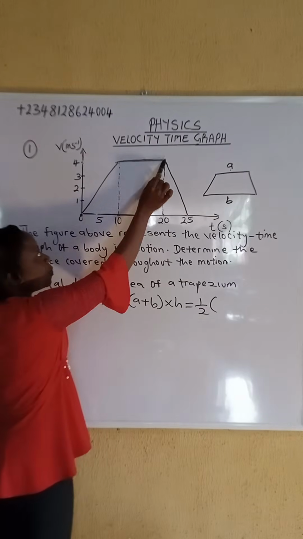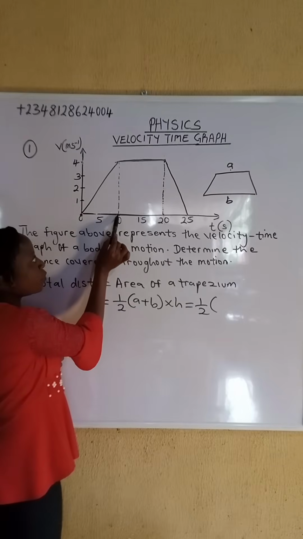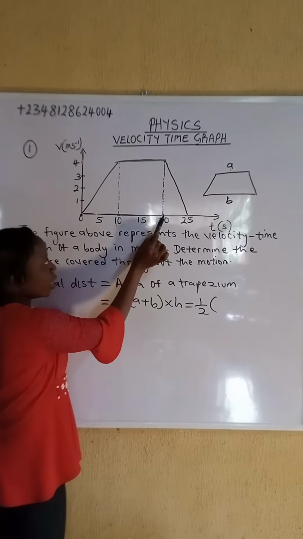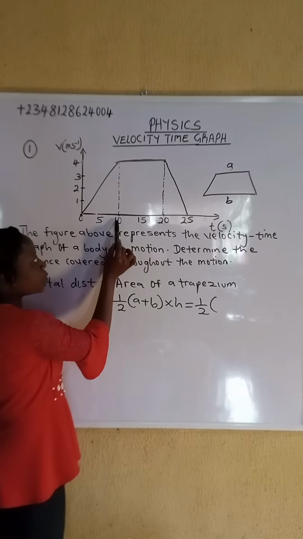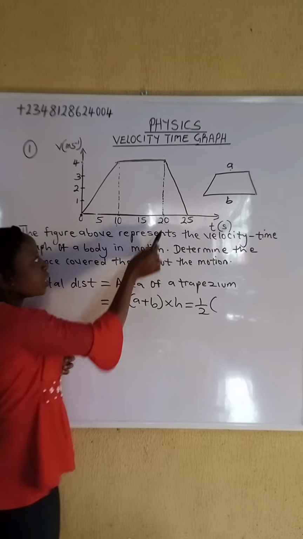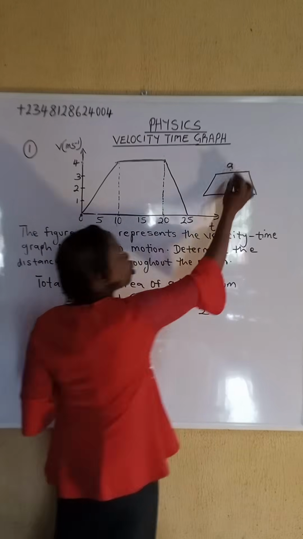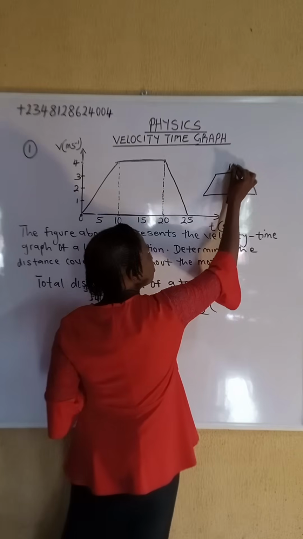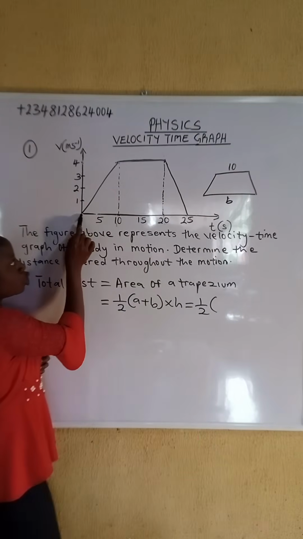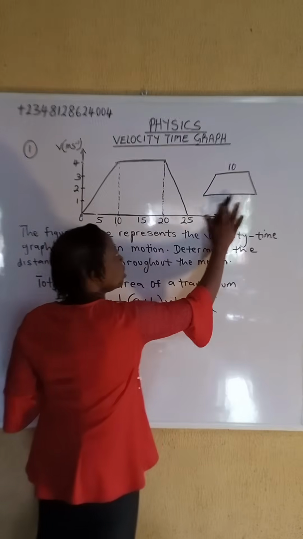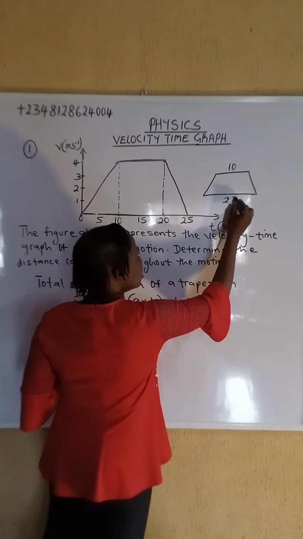From here down to this place is A, which is equivalent to 10 to 20. So the distance between 10 and 20 is 10. That will be 20 minus 10. So A equal to 10. So what will be our B? B is from 0 to 25. So B equal to 25.